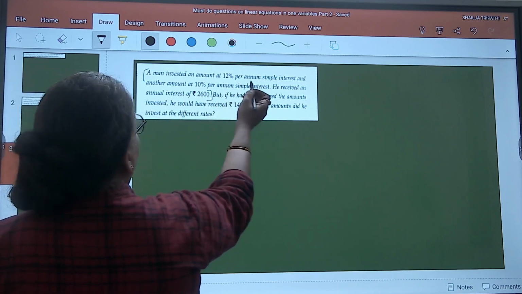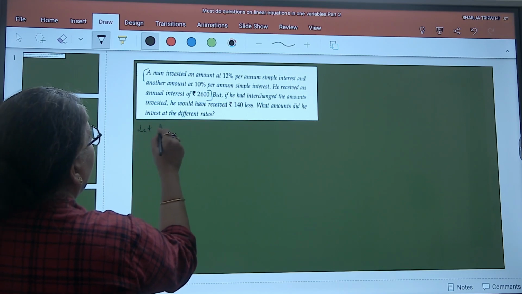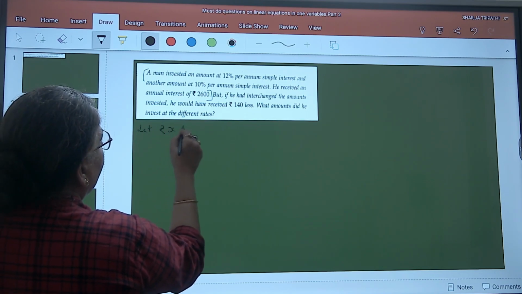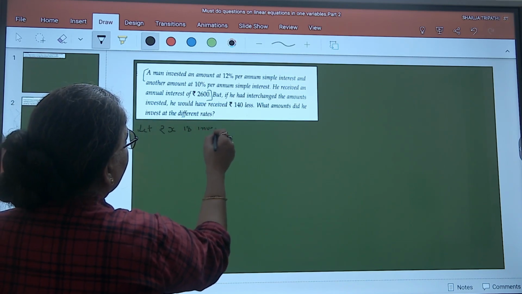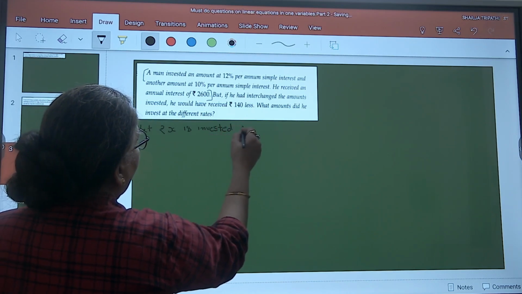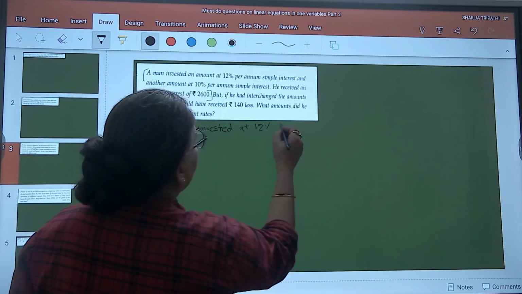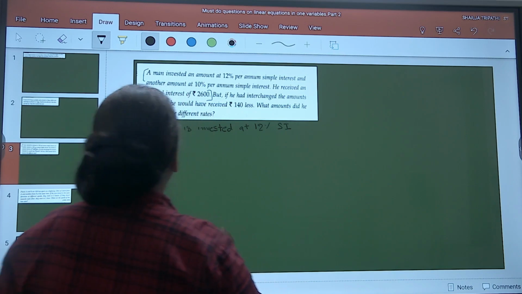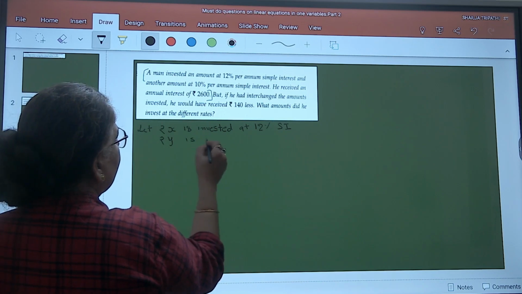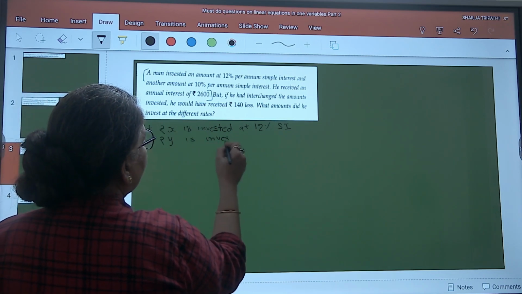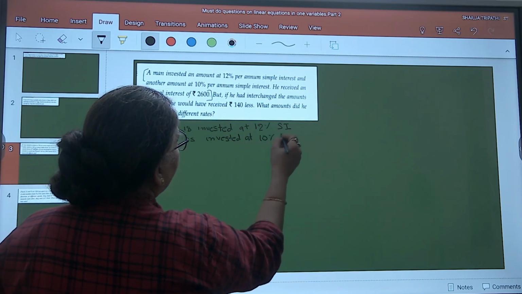So we'll start by writing, let rupee x be invested at 12% simple interest and rupee y be invested at 10% per annum simple interest.